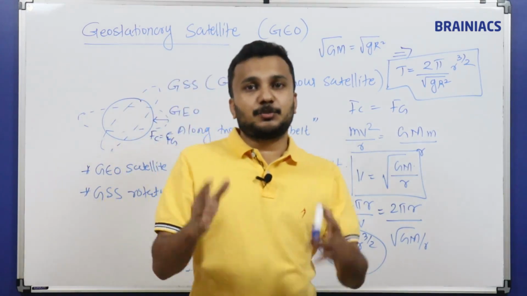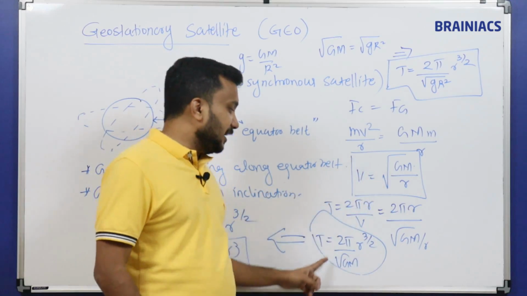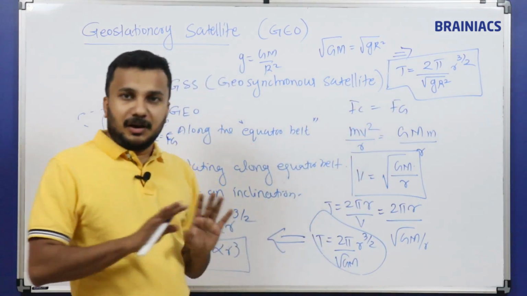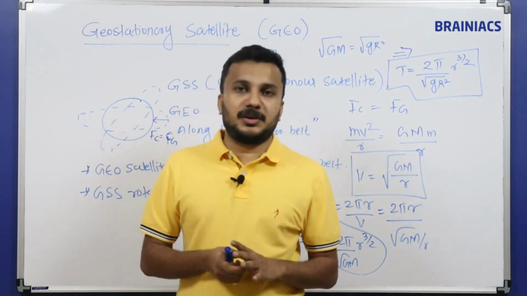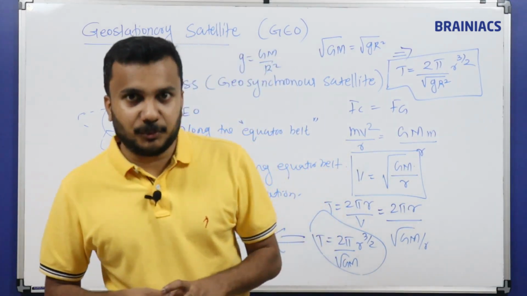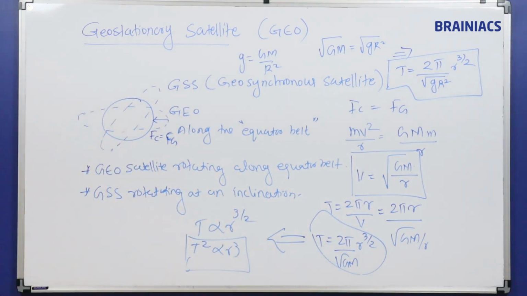Stationary indicates it is moving with the same speed as the earth. Its velocity, time period equations, everything will be the same as the normal satellite equations we have learned so far. Hope this is clear to you.